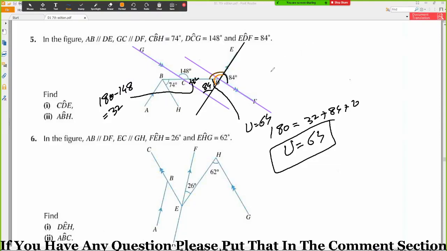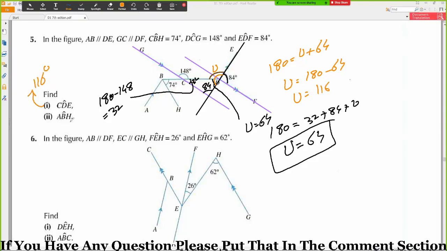Okay, so can I write it like this? 180 will be equal to this unknown plus u, which is equal to 64. So your u will be equal to 180 minus 64. That will be equal to 116.